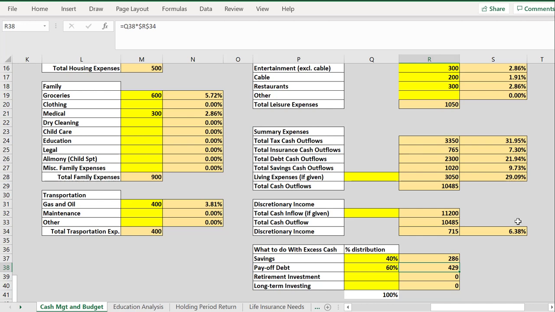If we're building our emergency fund, I think we would want this all to go to that emergency fund till we got it built up pretty good. So again, this just gives us an idea of, in this case, what we predict to spend next month. We just as easily, as I said, could have gotten these numbers from my checking account. Maybe I do 3 months and find the average expenses.